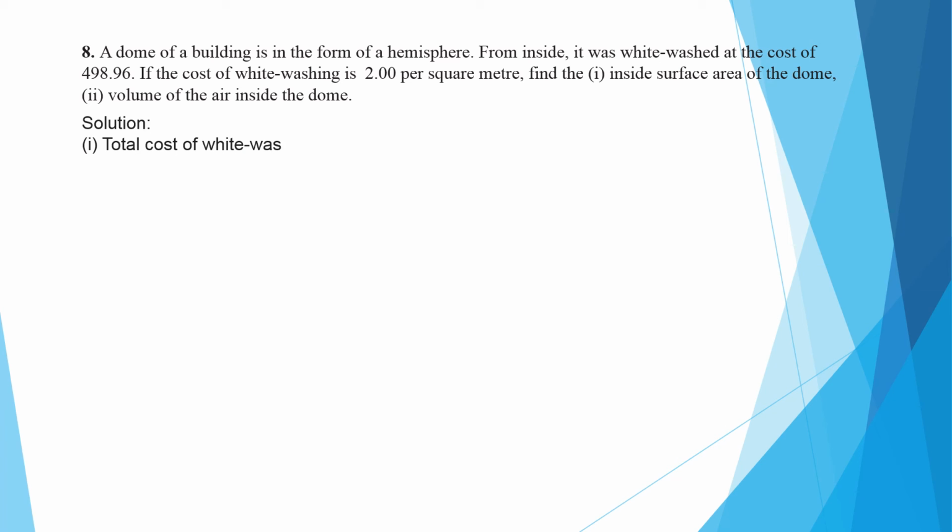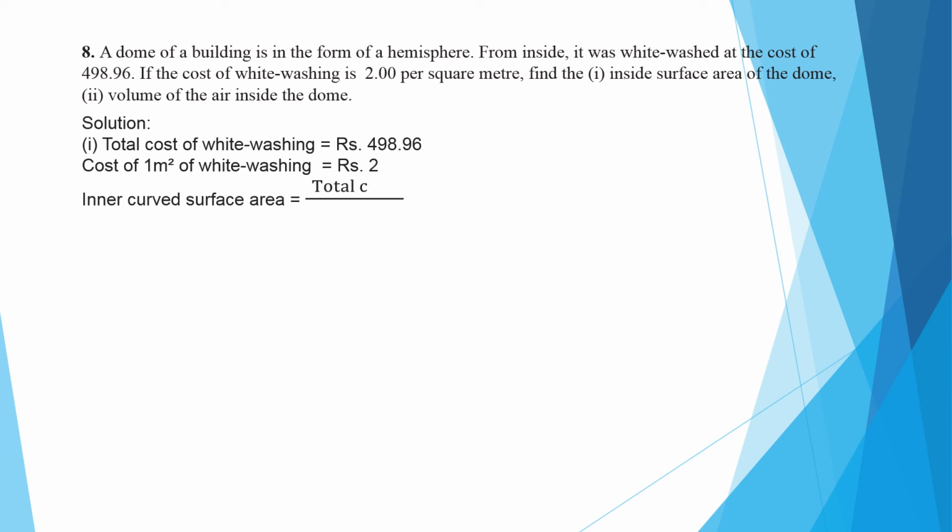So total cost of whitewashing is given 498 rupees 96 paise, and the cost per meter square is given as rupees 2. So we need to find inner surface area, which is equal to total cost divided by cost per meter square. So we are getting 498.96 divided by 2, 249.48 meter square. This is curved surface area.